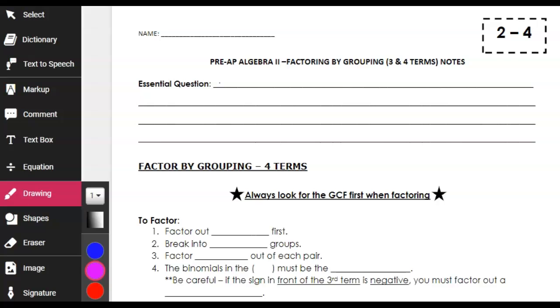How do we factor four-term polynomials? And the second essential question is, how do we factor polynomials where a is not equal to 1?